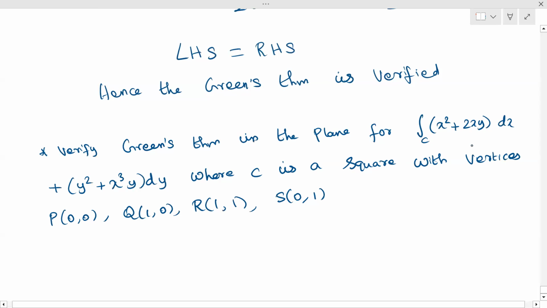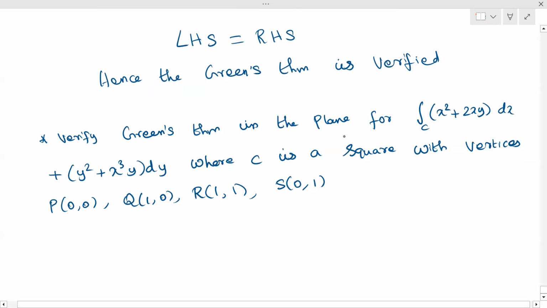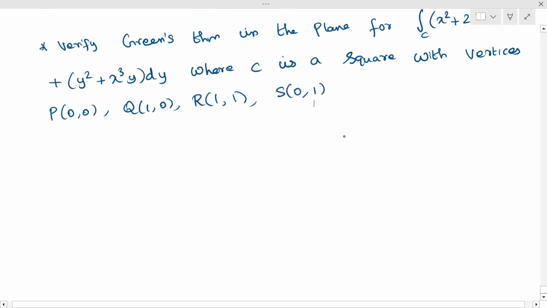Here they have given the region as a square. How do we start this problem? First we have to write the statement of Green's theorem.